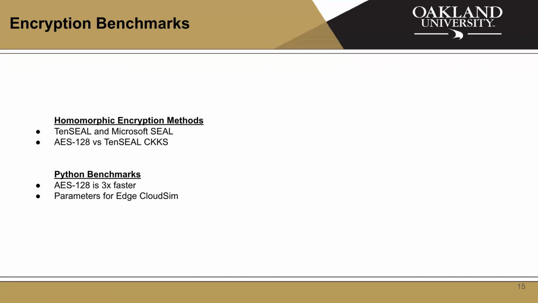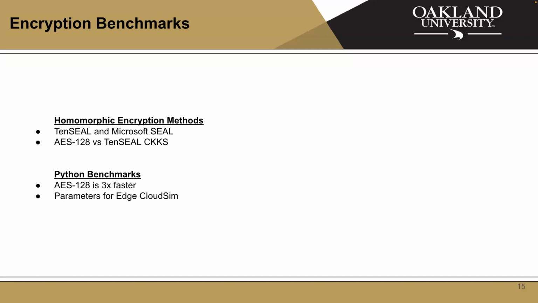A fork of that library for bigger data encryption is called Tensile, which has two different schemes. You might have seen it mentioned before in the presentation, but CKKS is the scheme that we chose as it's better suited for high-speed encryption and decryption for bigger data than its counterpart.